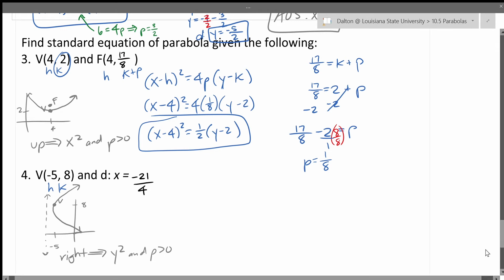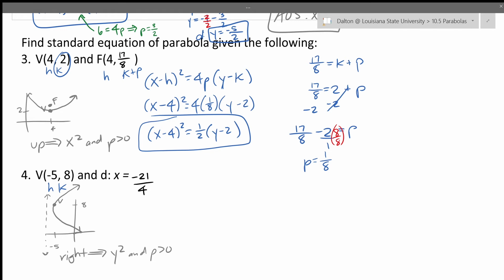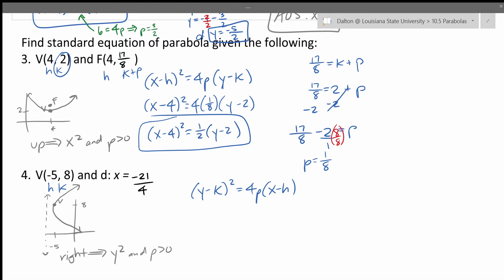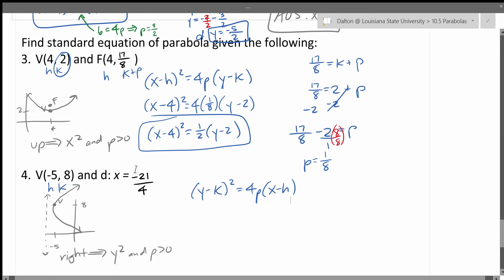Now, that equation with y squared is going to be y minus k squared equals 4p times x minus h. So I have h and k already. So I need to go find p. What does the directrix line have to do with p?